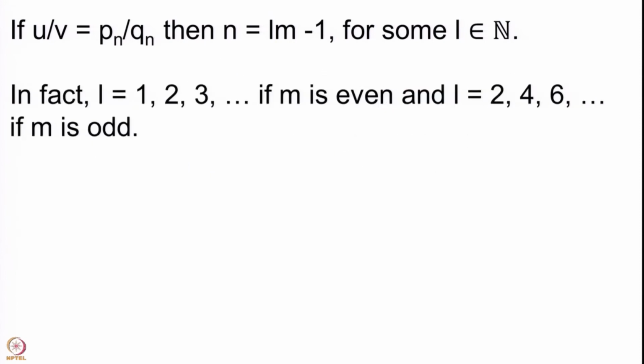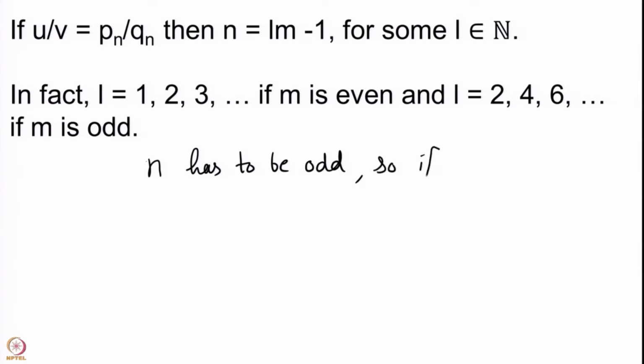Furthermore, these L's have to be 1, 2, 3 when m is even and 2, 4, 6 when m is odd. That is because we want our n to be odd, n has to be odd.